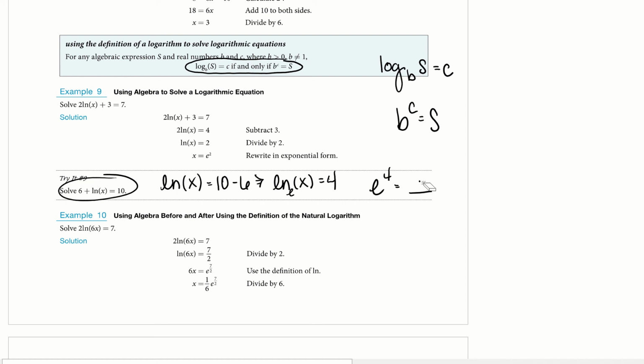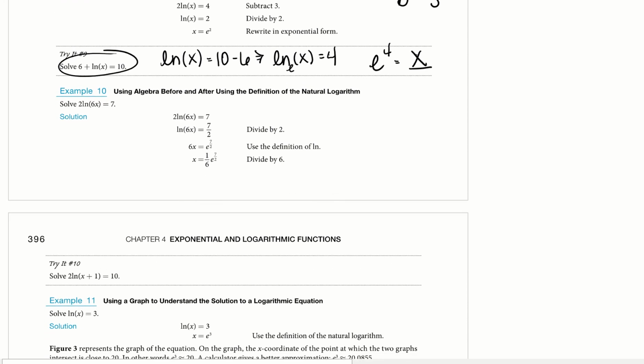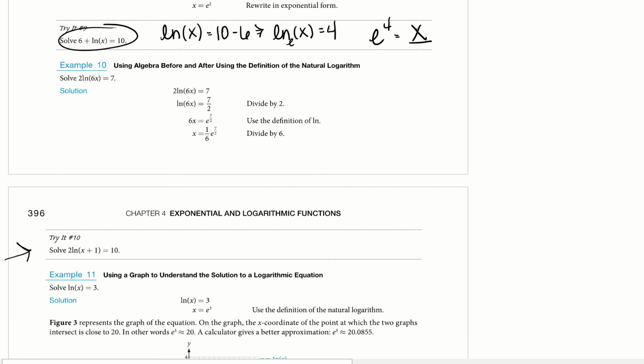Oh, I guess they just want you to get that far. All right. So our next one, we are going to try to get ln alone. So I'm going to have to divide everything by 2. And 10 divided by 2 is 5.